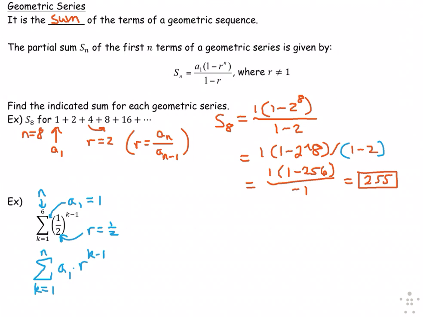The top number is n, equaling 6. The first term is implied here to be 1. And then the base, which is the repeated multiplication, because it has the exponent, is an r value of 1/2. Substitute that into the formula. Put it into the calculator, remembering to put parentheses around the denominator, giving the following answer.